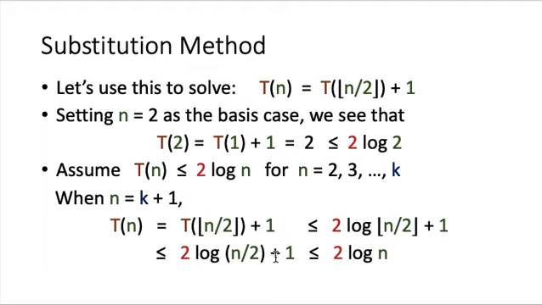And after you add 1, this will be less than or equal to 2 times log n. So T of n smaller than or equal to 2 times log n for n up to k implies that T of n less than or equal to 2 log of n will also be true up to k plus 1. So this is the induction process, and now we see that this guess will be true for all n greater than or equal to 2.